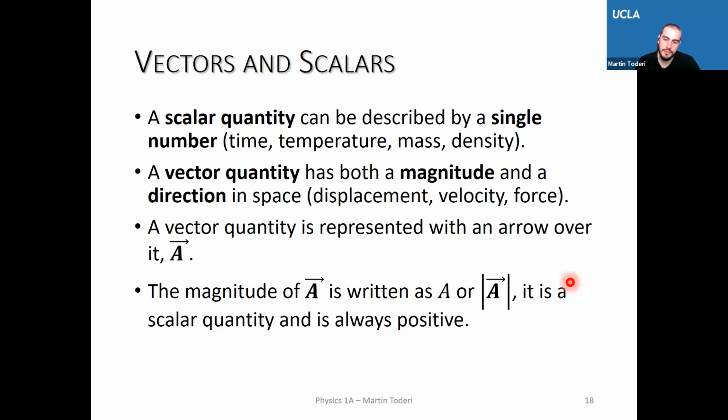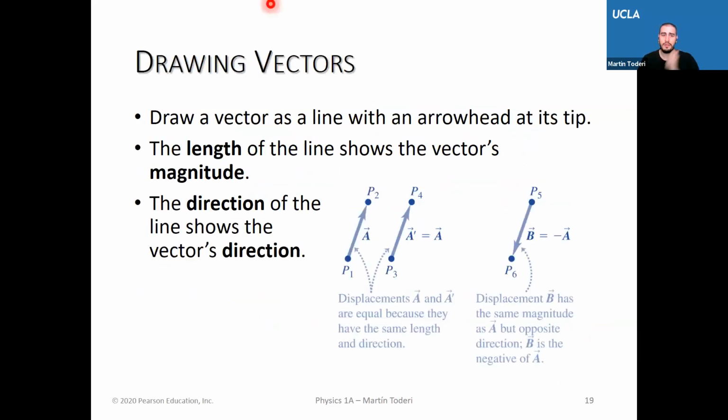It is represented by the letter with the arrow between 2 bars, or just dropping the arrow. If we represent a vector, we draw a line with an arrowhead at its tip.